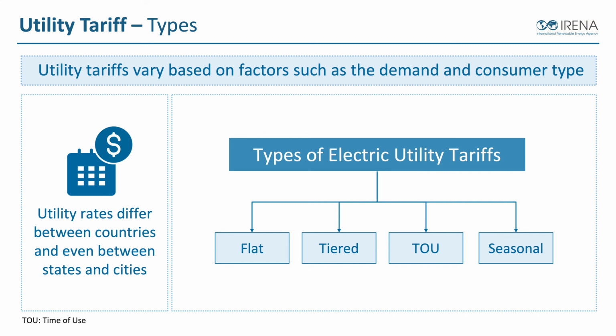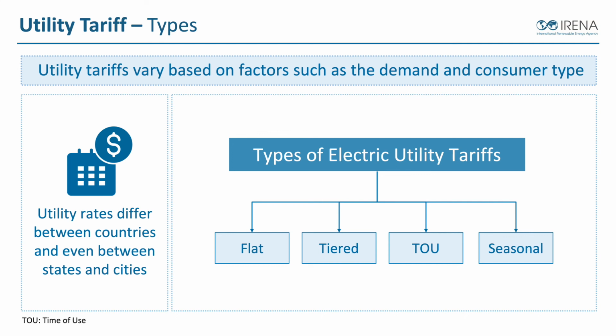So the utility tariffs are based on factors such as the demand and the consumer type. When we talk about consumer type, it means electrical companies can often charge us different rates or tariffs based on is it residential, small commercial, large commercial, industrial, agricultural, government, those sorts of things.